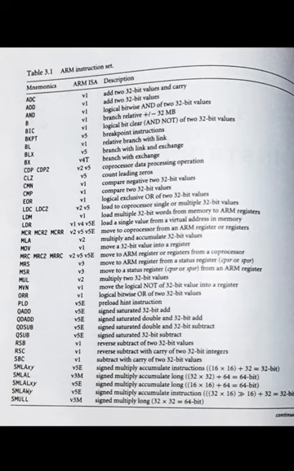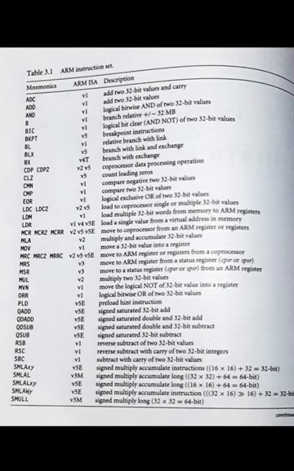ARM instructions process data held in registers and only access memory with the load and store instructions. ARM instructions commonly take 2 or 3 operands. For example, the ADD instruction below adds 2 values stored in registers R1 and R2 and writes the result to register R3.